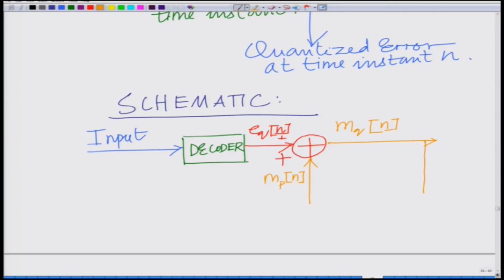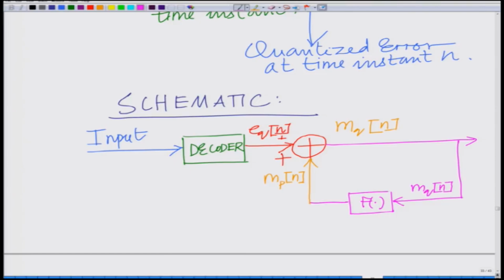Now, this output you also pass through the prediction filter, again the same prediction function. You take in the L past samples of MQ of n, and so this is your output. Naturally, this involves feedback, as you can see.